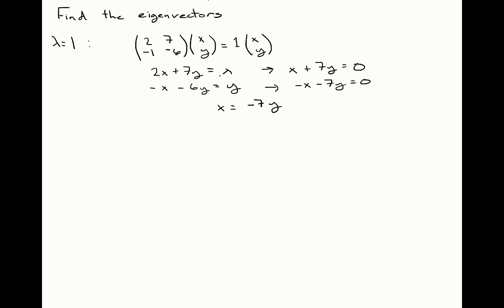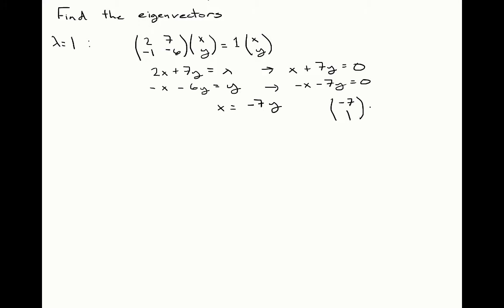You don't actually have to do both of these equations because they're going to tell you the same thing, but if you want to make sure that your eigenvalue is correct, you can go ahead and run this and make sure they both give you the same thing. So basically this just tells us that whatever y is, x has to be minus 7 times it.